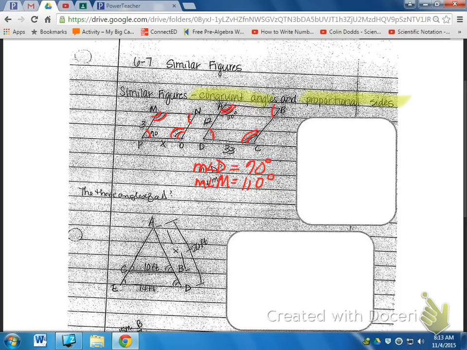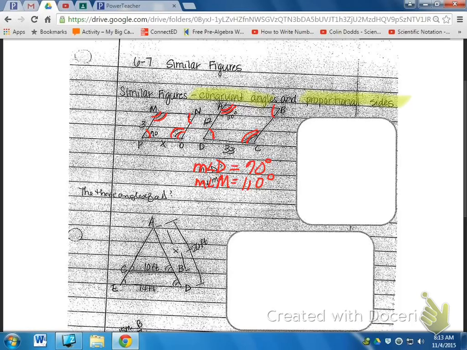Now, let's look at the proportional side part. You will be writing proportions on all of these today, and you can do this a lot of different ways. Remember how I've had you write kind of a note in front, the two things you're comparing? Well, when you're comparing similar figures, you could do small over big, big over small, left to right, right to left, however you want to do it so that you make sure that you get the numbers in the right spot.